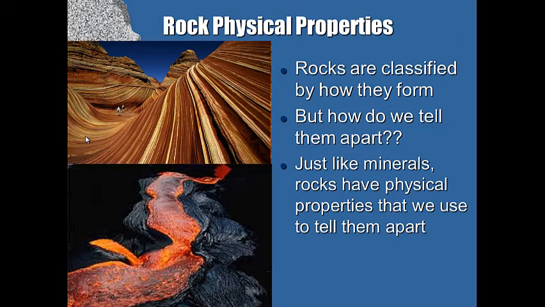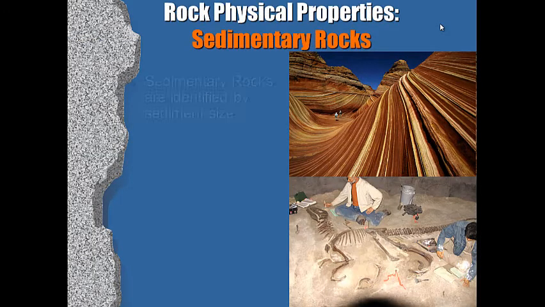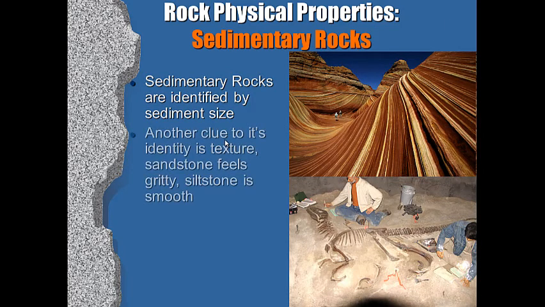All right, rock physical properties. Remember, rocks are classified by how they form, but how would we tell rocks apart? Like these rocks right here. Well, sedimentary rocks, okay, one way we can tell sedimentary rocks apart is their sediment size, right? Sandstone feels gritty, like sandpaper.